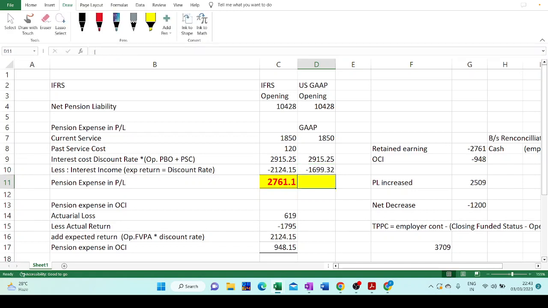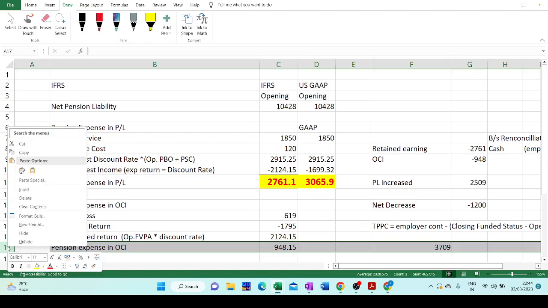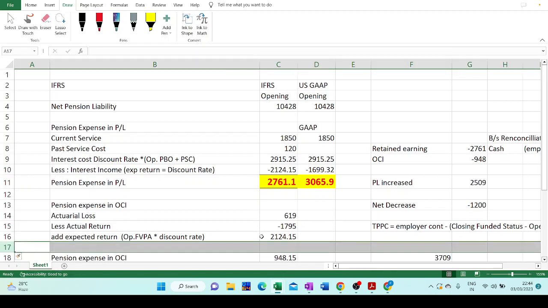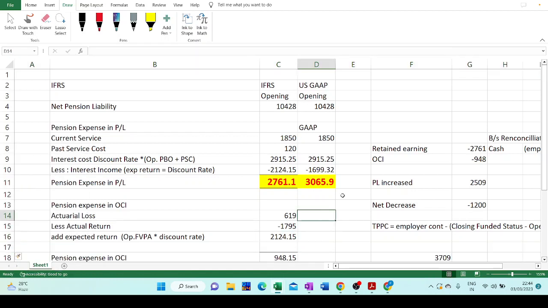So let me add this in. So my pension expense reported in the P&L under GAAP would be 3065.9. Now let's look at OCI. Okay, so this 619 actuarial loss would go to the OCI, right?